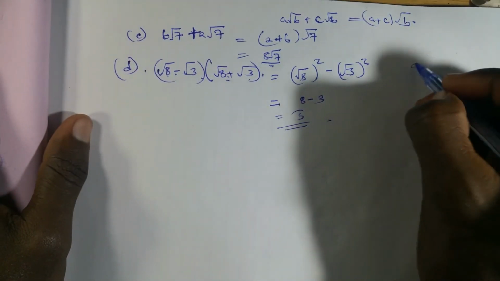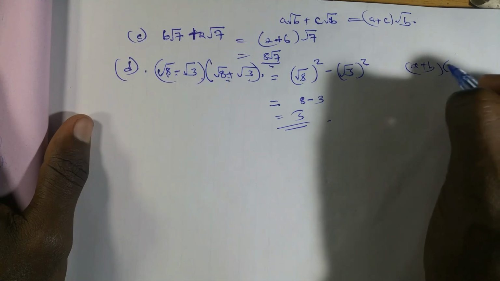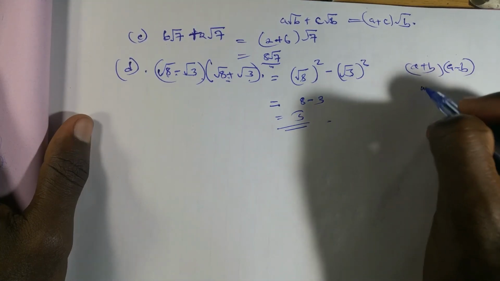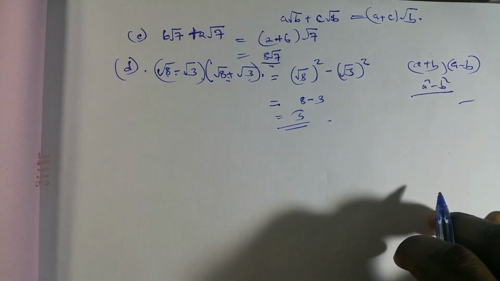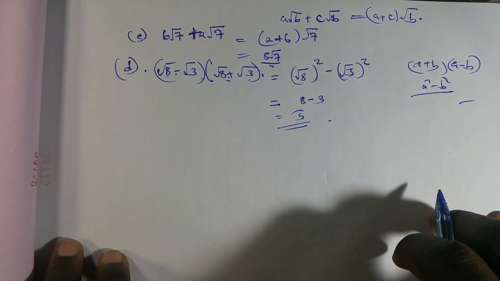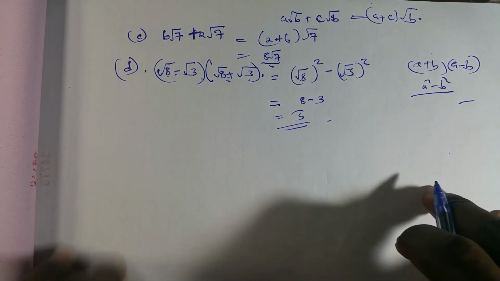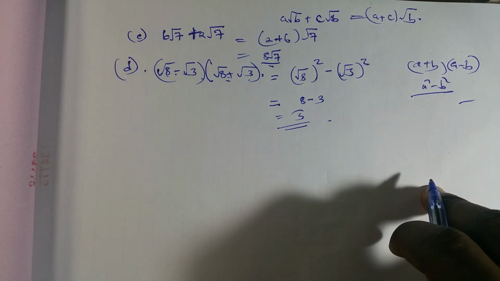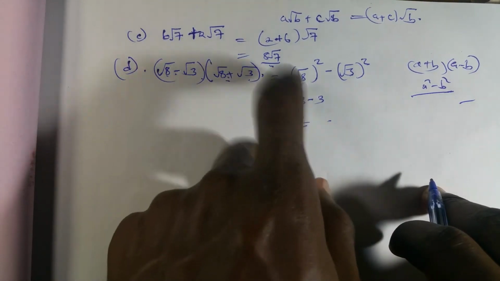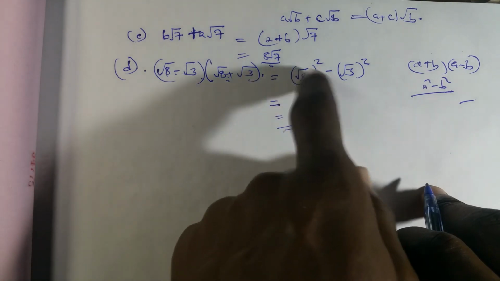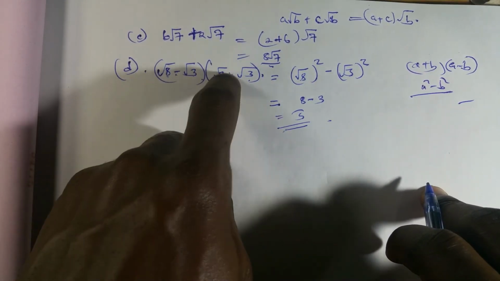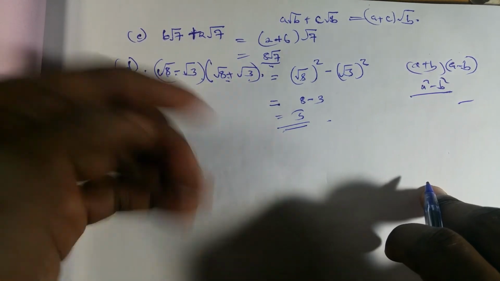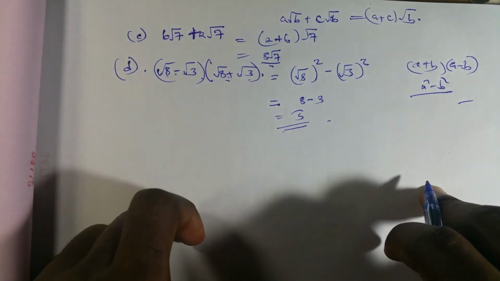We applied (a plus b)(a minus b) equals a squared minus b squared. We looked at that in our previous lesson on quadratic identities. These examples remind us about the algebraic result for the difference of two squares, because if you expand normally, applying each bracket, you will still reach there.